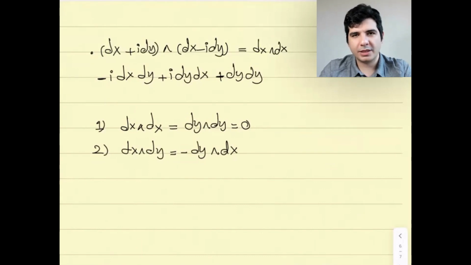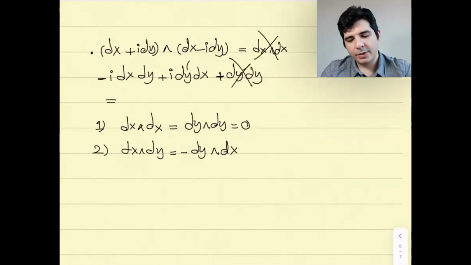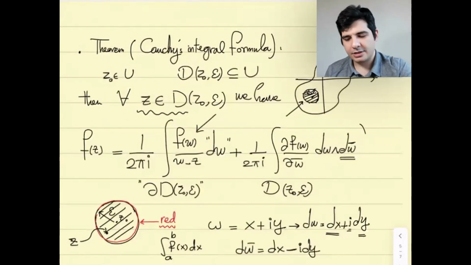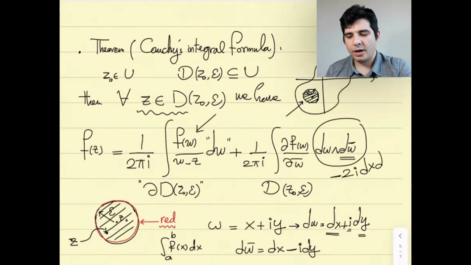We just want to compute integrals, so we don't care much about what their meaning is. So this is 0, this is 0, and when we swap these two, we get a minus 1. So we get minus 2i dx dy. Going to the previous integral, we can literally replace this with minus 2i dx dy. What is dx dy?